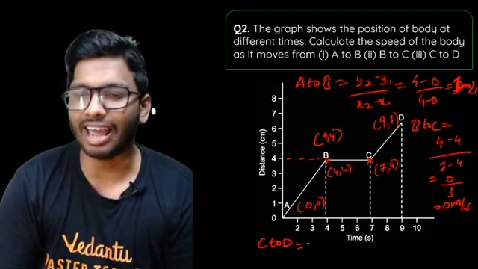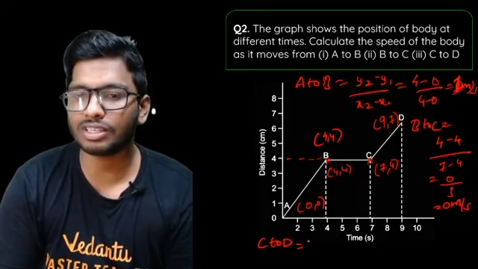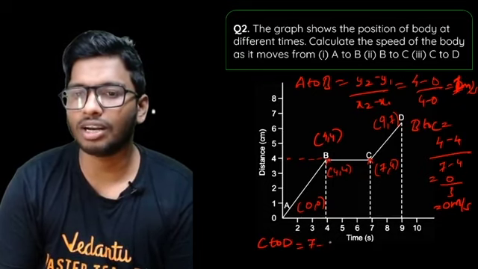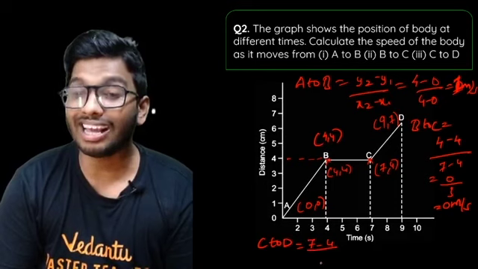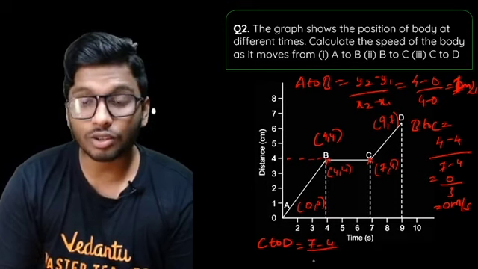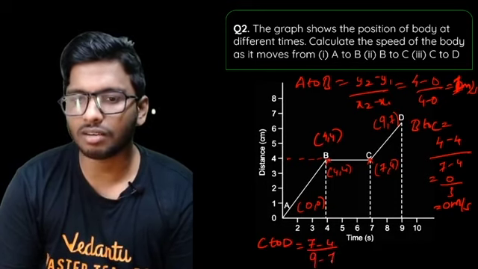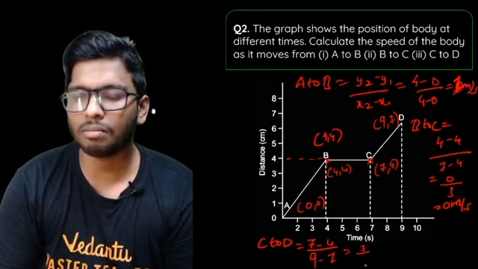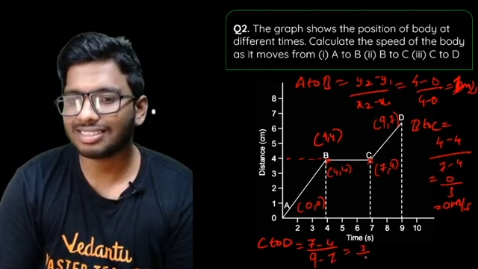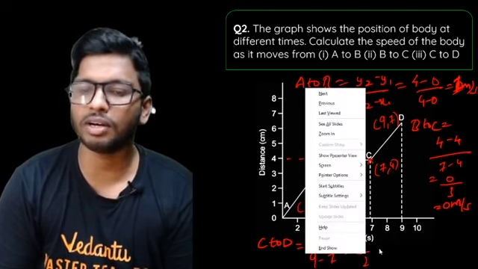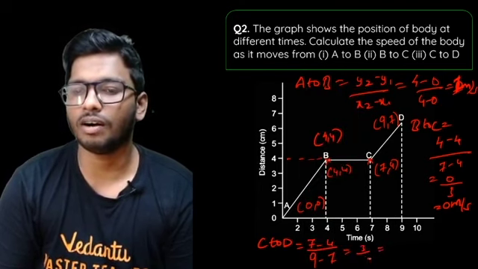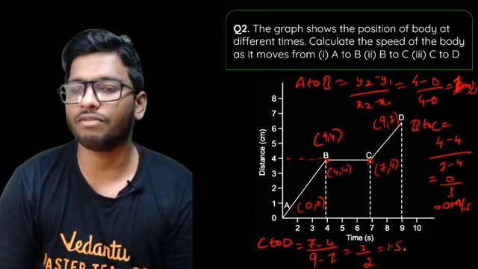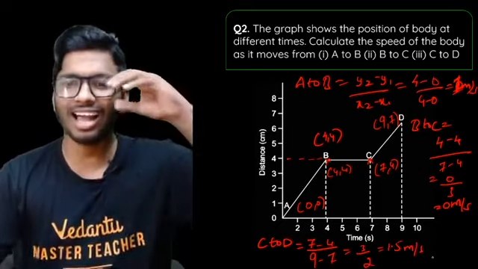Once again, y2 is 7 and y1 is 4, and x2 minus x1 is 9 minus 7, so that's 3 divided by 2, which would give you 1.5 meter per second. As simple as that, guys.